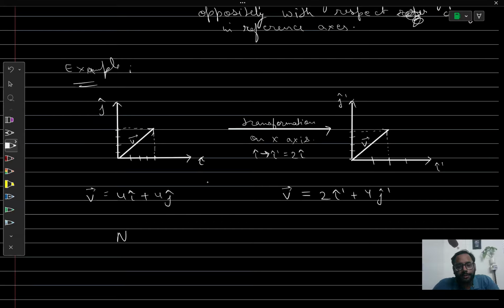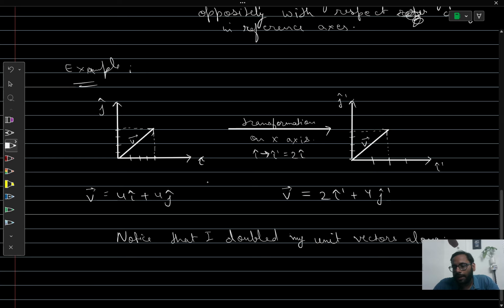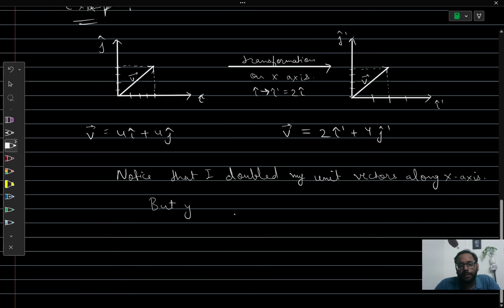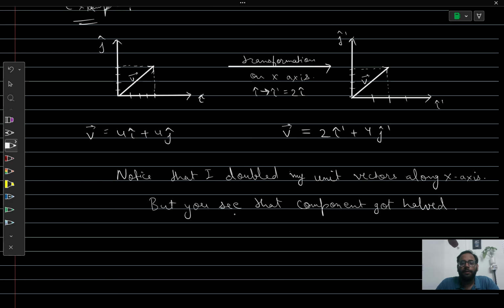Now notice what I did: I doubled my unit vectors along the x-axis, but the components got halved, from 4 to 2.